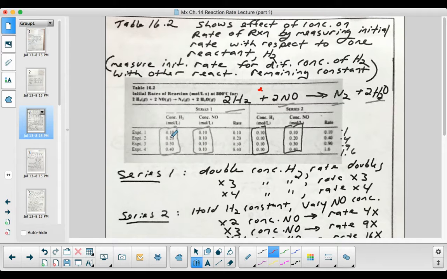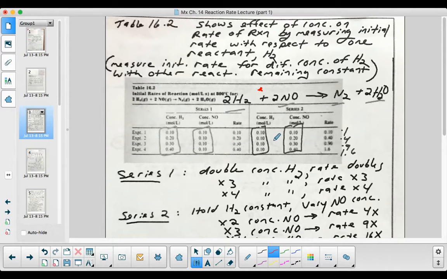So as I double my concentration of the hydrogen, I can see that the rate doubles. As I triple it, I can see that the rate triples. And as I quadruple it, I can see that the rate quadruples. So that all makes sense.